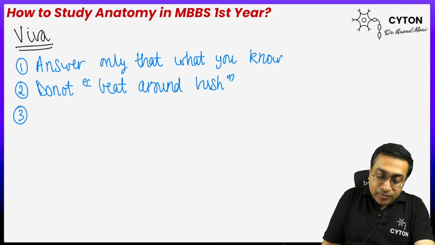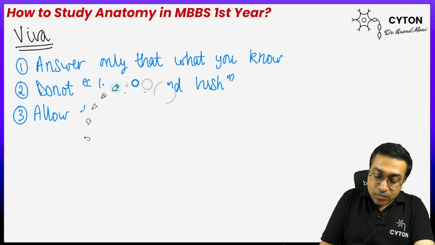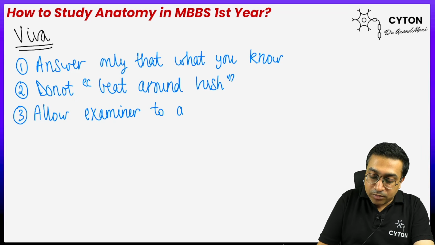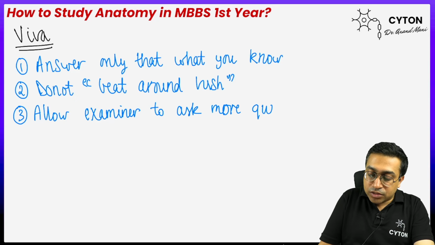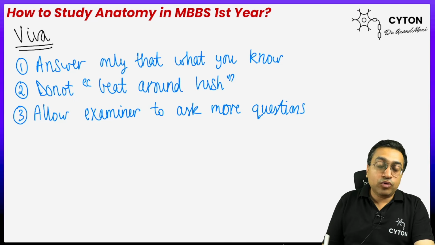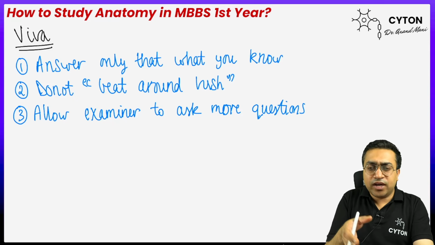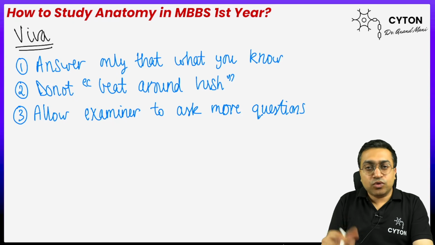Then number 3, allow the examiner to ask more questions. By this I mean, if you know the answer, suppose someone is asking what is this muscle, and you answer pectoralis major, then you stay quiet.